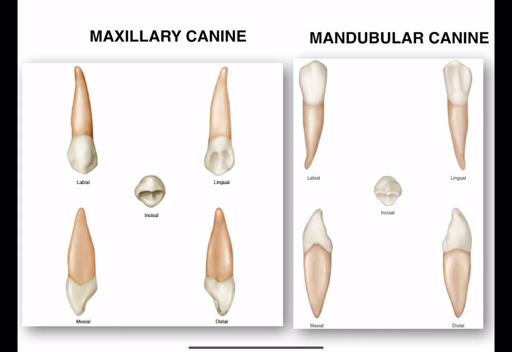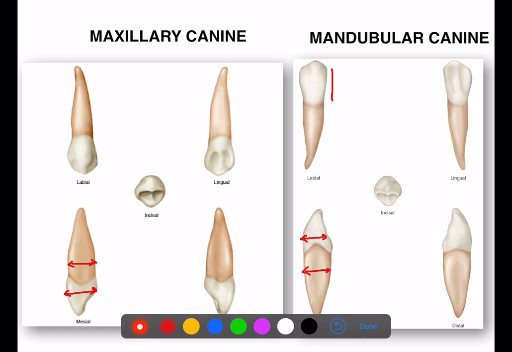When we talk about maxillary canine and mandibular canine, one thing that is always confusing is which is the longest tooth. Please go with maxillary canine. Maxillary canine is the longest tooth in the dental arch in the human dentition. In the mandibular canine, the crown appears to be longer, which is an illusion because of the less mesiodistal thickness.